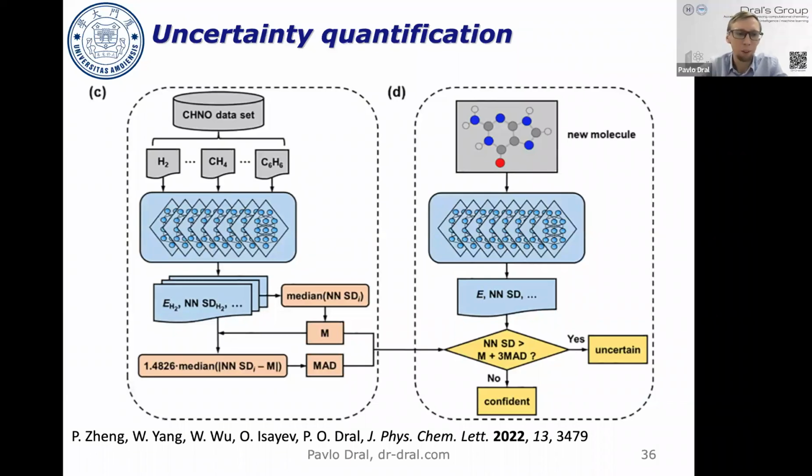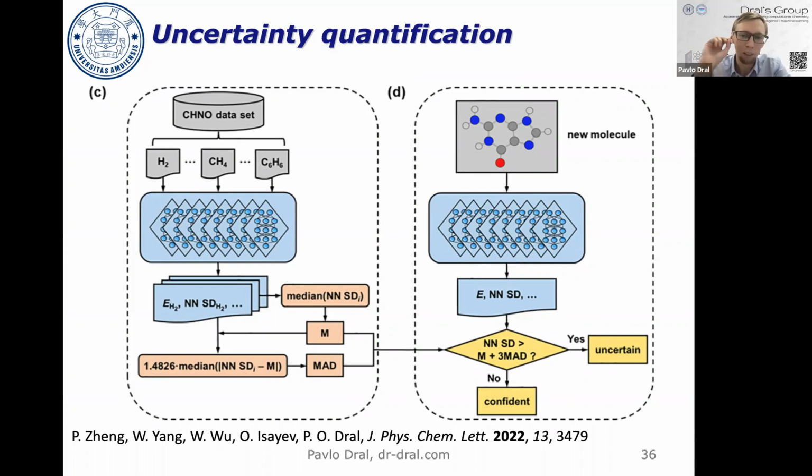Yeah, that's a good question. So basically what we do, we apply more or less standard uncertainty quantification using this query by committee approach. Basically, we have many neural networks in the AIKM1. We don't have a single neural network, we have 8 neural networks. And the hypothesis is that if predictions for a new molecule with each neural network start to deviate from each other too much, then these calculations are probably not very reliable, right?